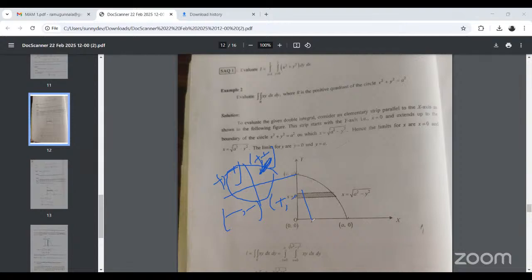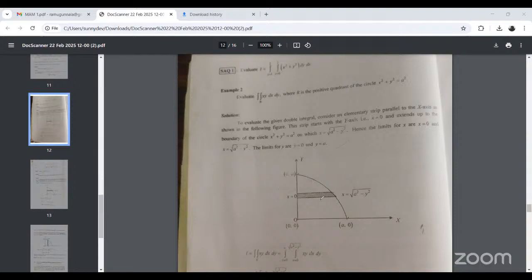Okay, so this is that one. But we need the limits. In the previous problem they did not mention the limits, but here we need the limits.